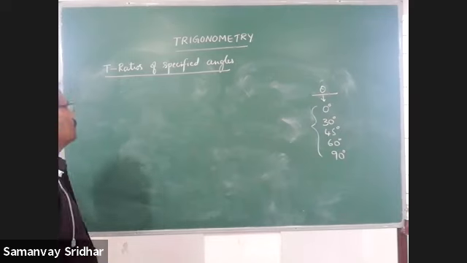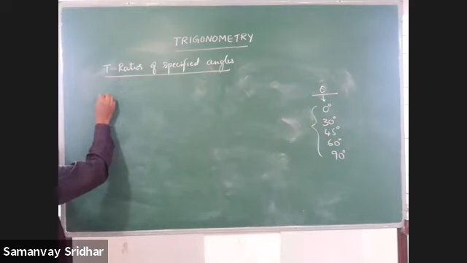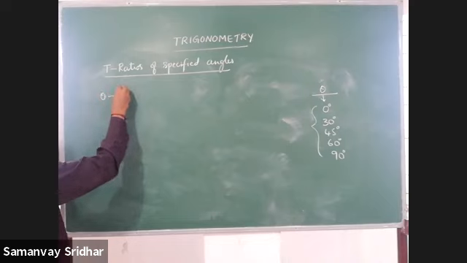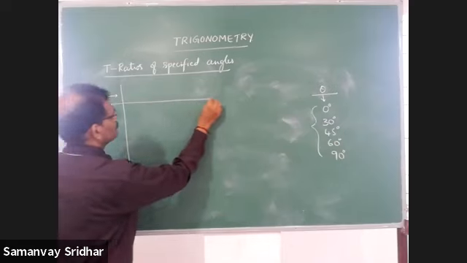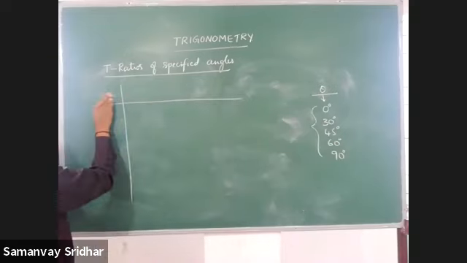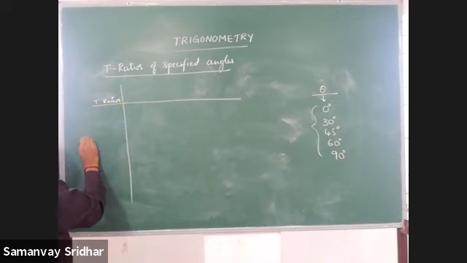Okay, so now see here, I'm going to write the values of theta. Here, I'm going to make a table, right? Here, I'm going to write the T ratios, right?